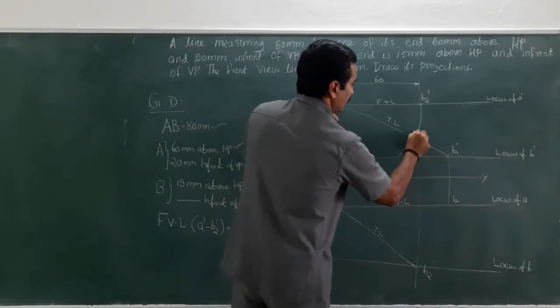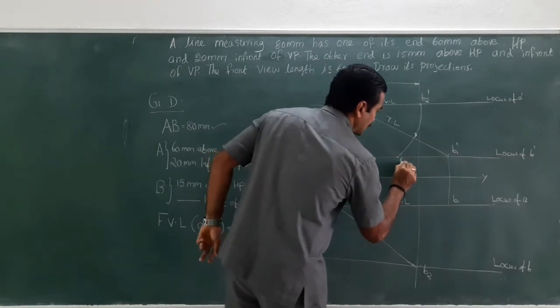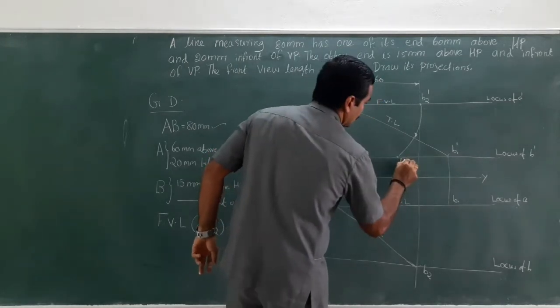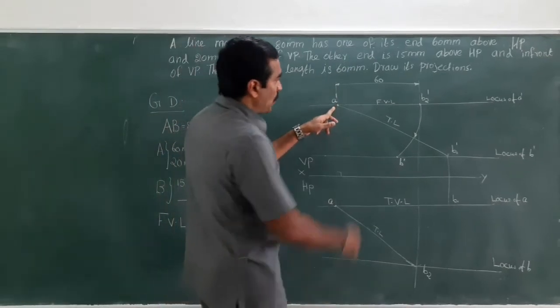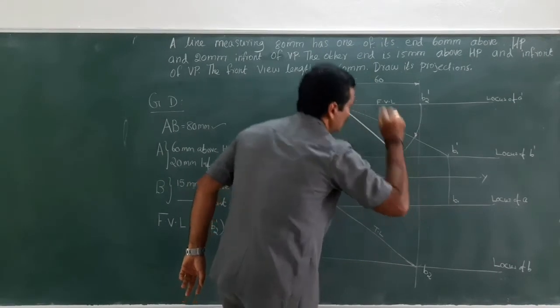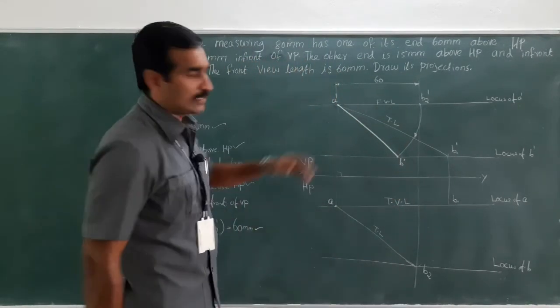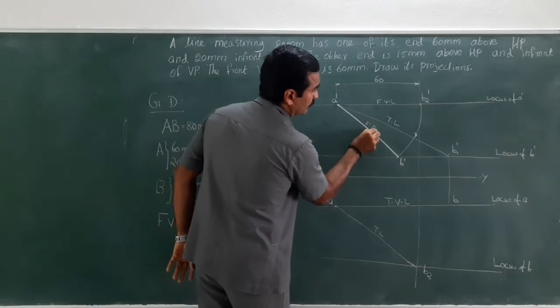Right? This intersection point can be named as B dash. Now connect the points A dash and B dash with an HB pencil. This is nothing but the final front view.